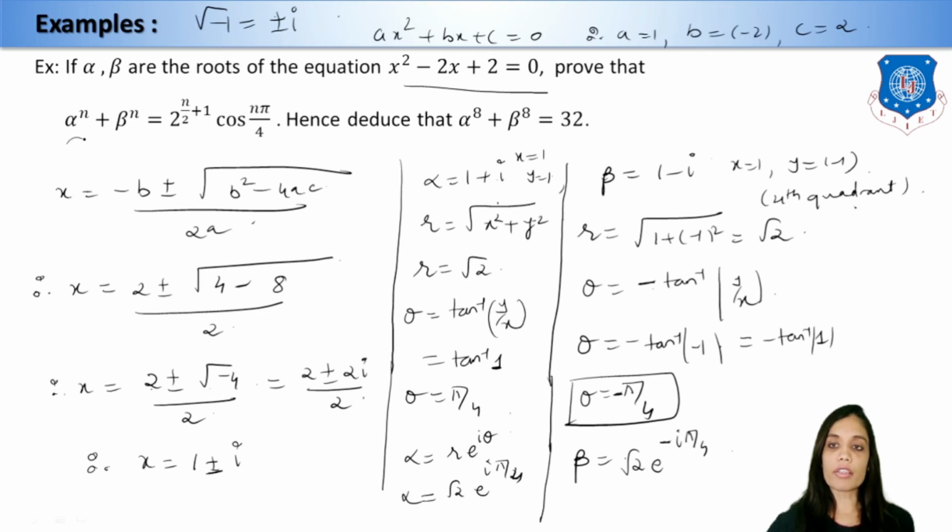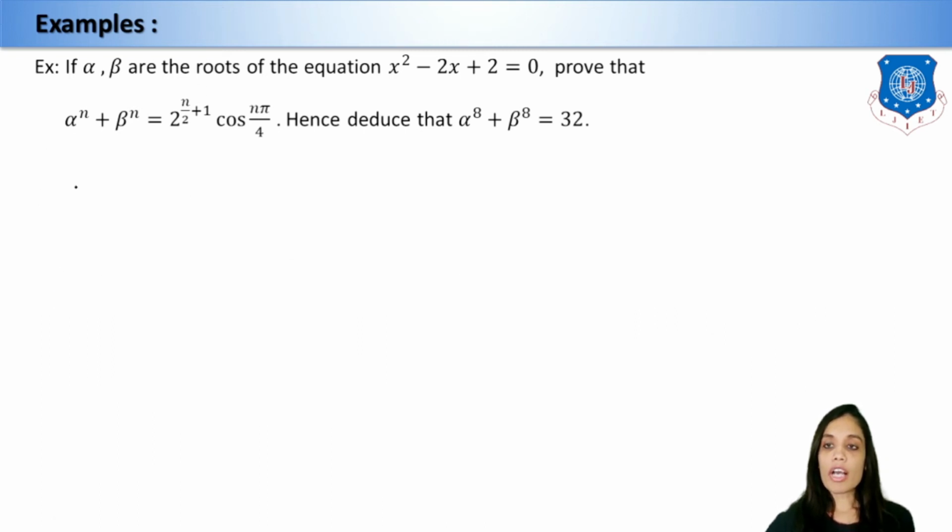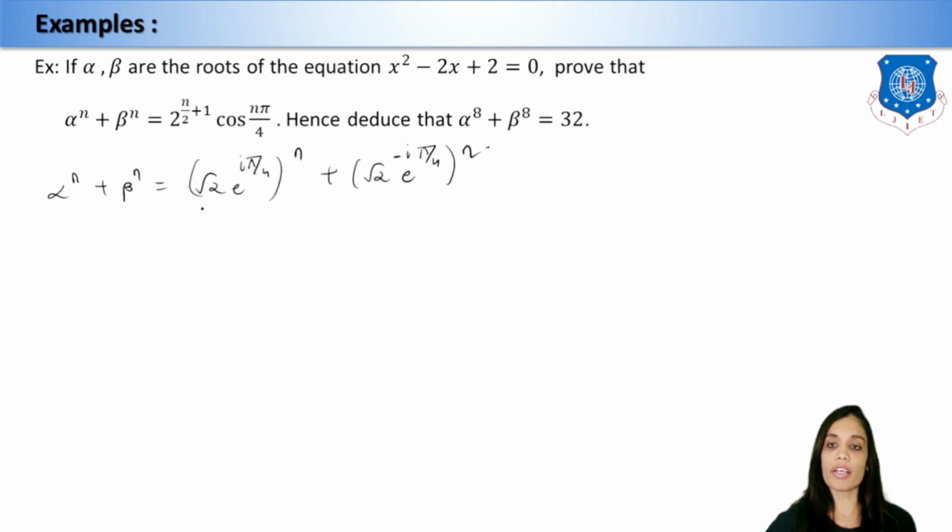Now let us find the value of this. So now alpha raised to n plus beta raised to n will be equal to root 2 e raised to i pi by 4 whole raised to n plus root 2 e raised to minus i pi by 4 whole raised to n. Just put the values of alpha and beta. Now we can take out common what? Root 2 raised to n.